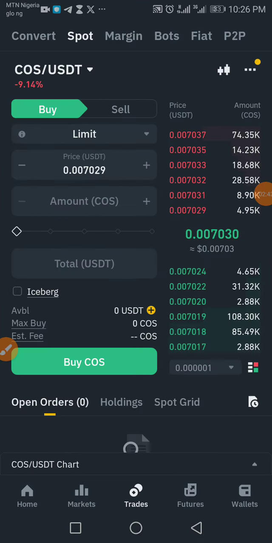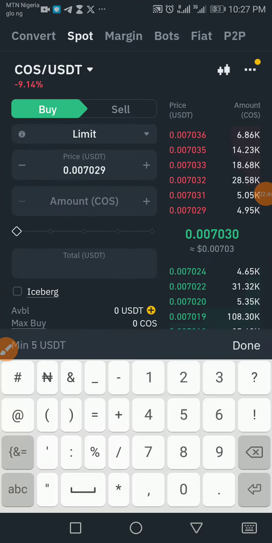So first thing first, we're going to buy COS, and I'll advise you guys to use a high amount of capital so you can maximize your profit. For instance, if we are going to use 500 USDT, it's going to give us 71,133.8 worth of COS.